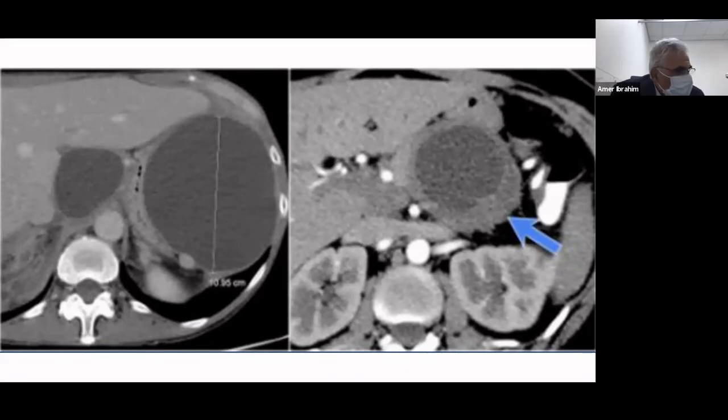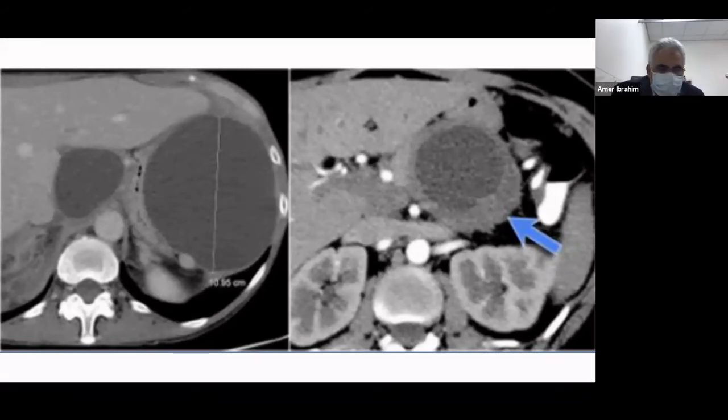So it is very important to differentiate the incidental finding in the pancreas. Is it something we need to worry about? Is it malignant or going to be malignant in the future, or is it just a benign lesion, and because it's asymptomatic, we don't need to worry about it?